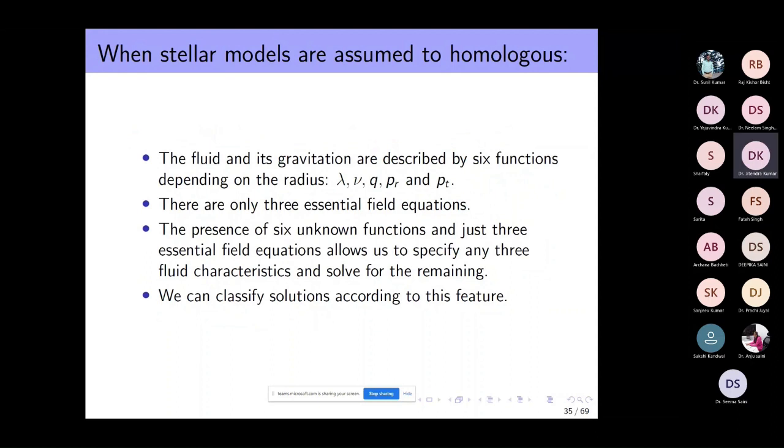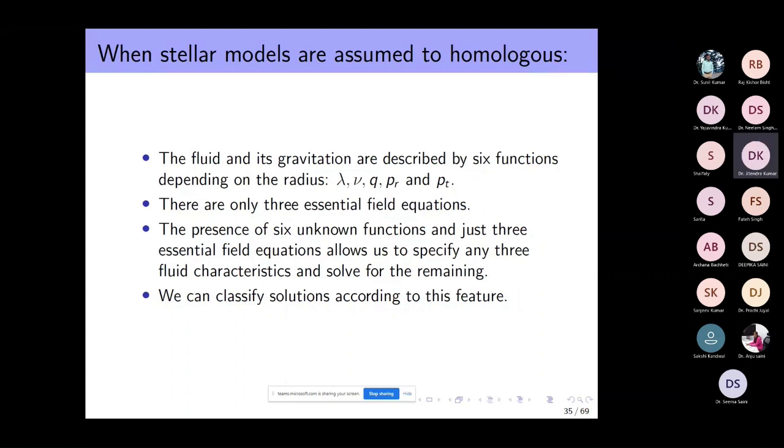Now we will discuss the first approach, when stellar models are assumed to be homologous and the fluid and its gravitation are described by 6 functions depending on the radius, that is lambda, nu, q, P_r, P_t and rho also.